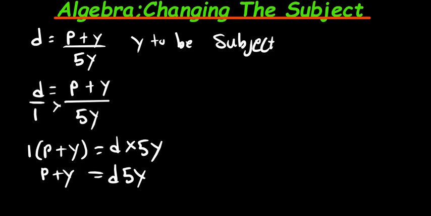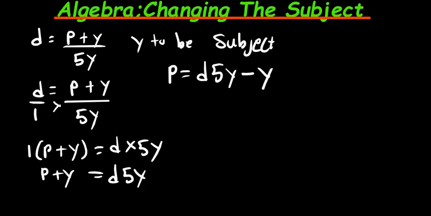Now, if we are at this point, we want to make y the subject, therefore we must group whatever has y on one side and whatever doesn't have y on the other side. p doesn't have y, so we leave it there, and then we have d5y, and this y we move to the other side, and it becomes negative y.